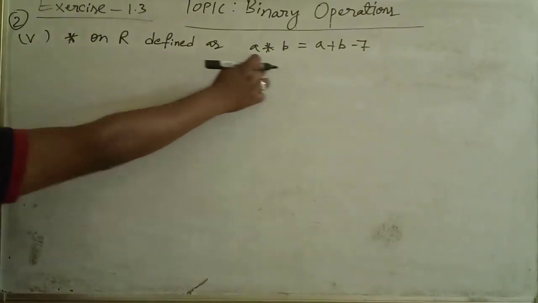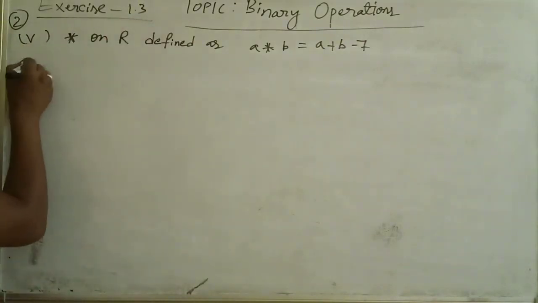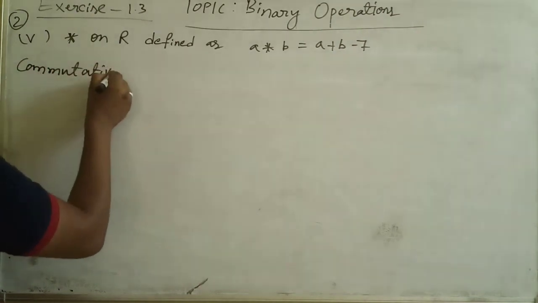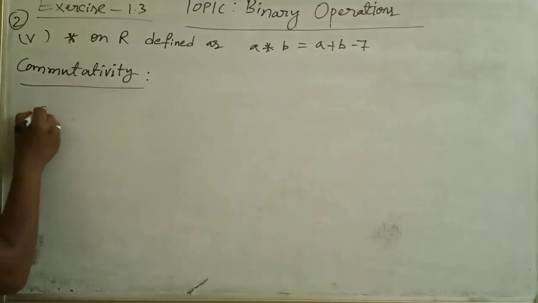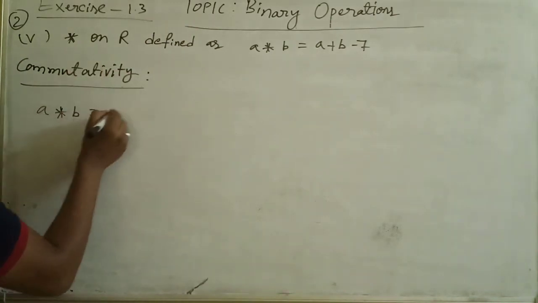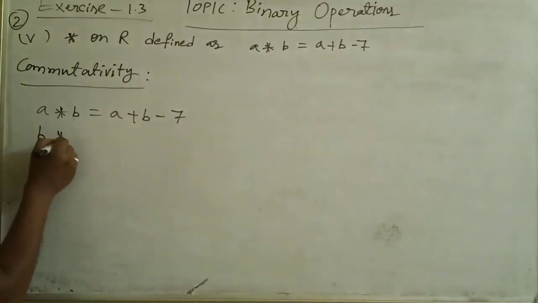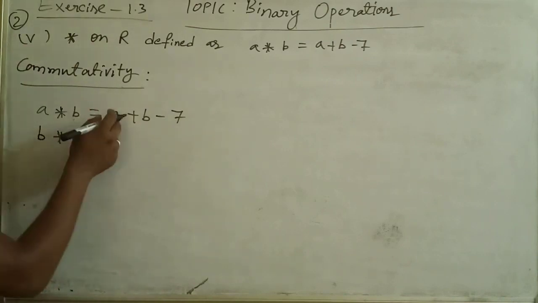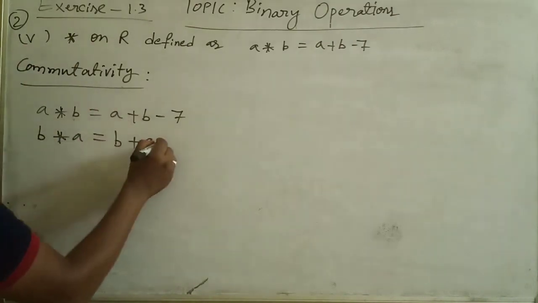Star is defined as A star B is equal to A plus B minus 1. How do we solve this now? So let's first go for commutativity. Here A and B belong to R. So first A star B is equal to A plus B minus 1. And if it is B star A, just replace A with B and B with A, because we are just changing the order.